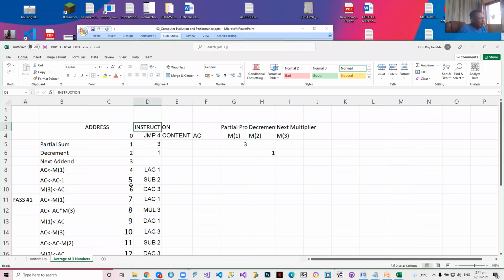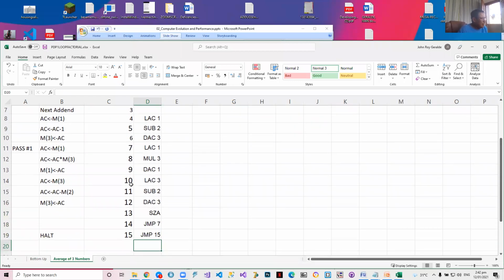So binago lang niya yung ano, ang LAC means load accumulator. Ang jump doon sa IAS dito JMP. Ang sub is still sub. And store is DAC, deposit accumulator. Do you follow? Load accumulator is LAC. So pareho lang, di ba? So they're trying to change the vocabulary. Skip if zero accumulator. Jump.